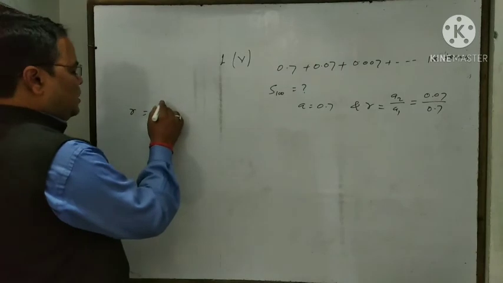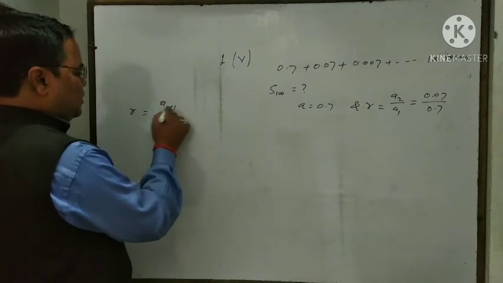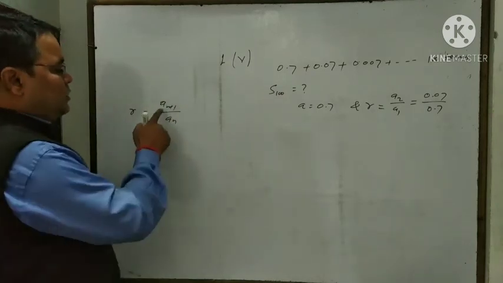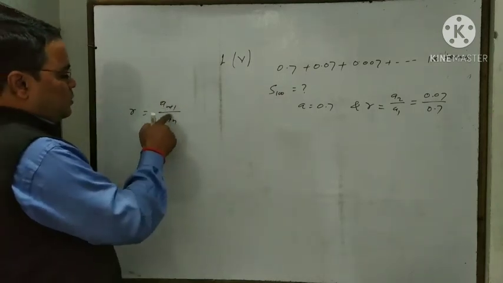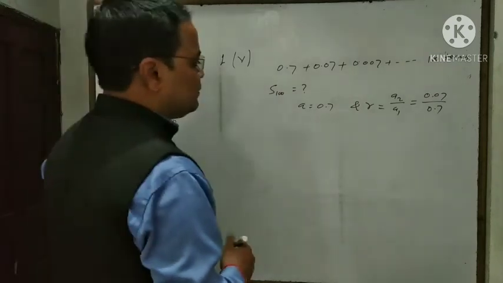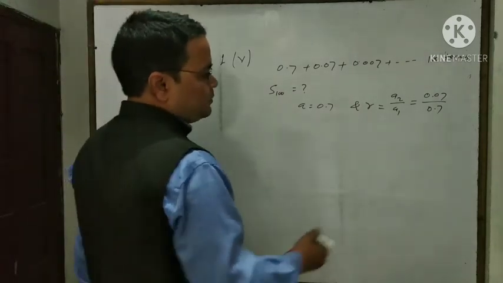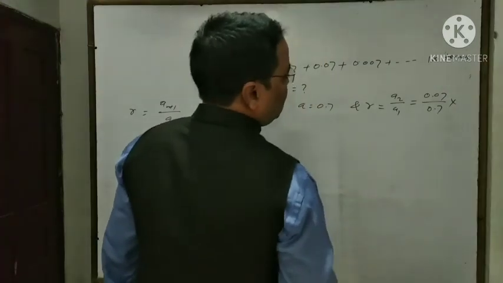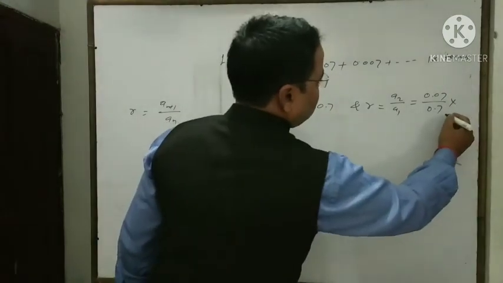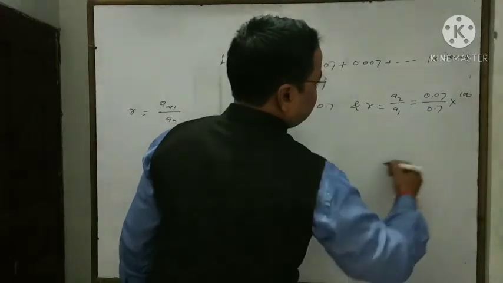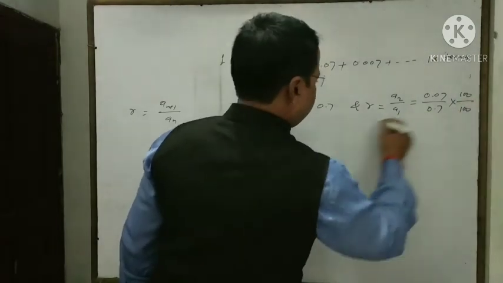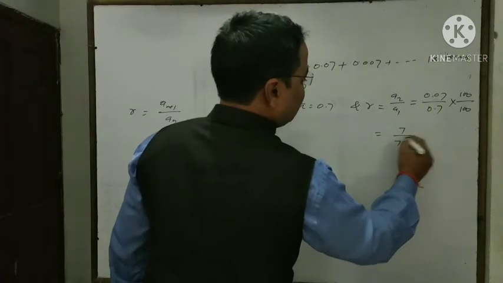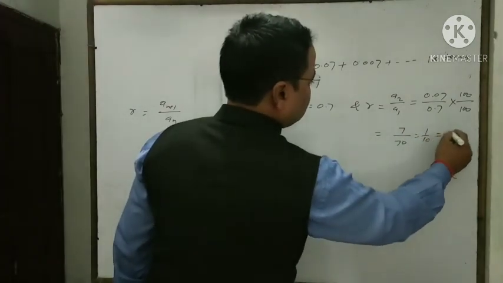r is equal to a to the power n plus 1 upon a n. So here if n is equal to 1, then it will be a1 plus 1, meaning a2 upon a1. That formula. If we divide by 100, then we get 7 upon 70, 1 by 10, 0.1.